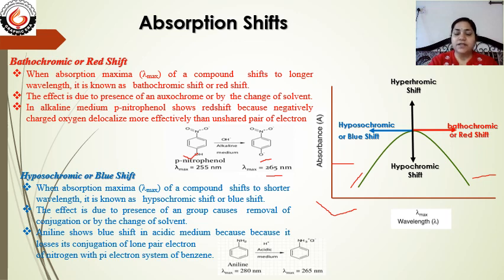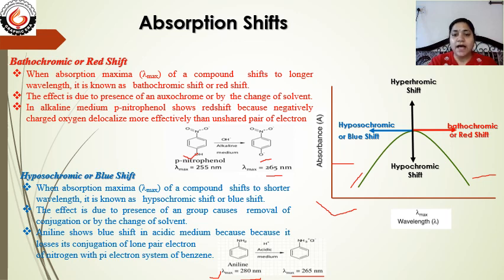Here an example is given: aniline shows a blue shift in acidic medium. Aniline has lambda max at 280, but in acidic medium it shows lambda max 265. This is because of the removal of conjugation. How? Because here also there are 3 double bonds and in this case also 3 double bonds.